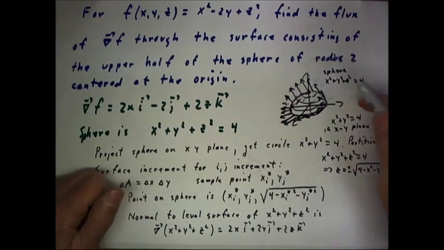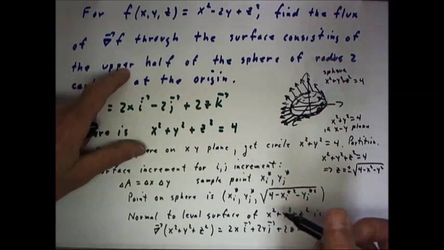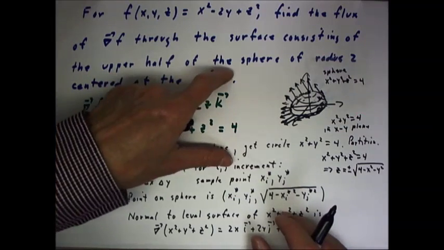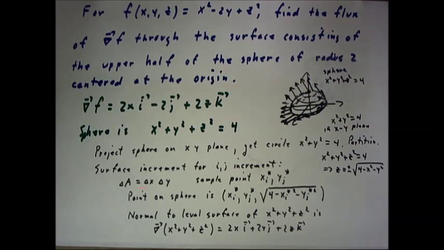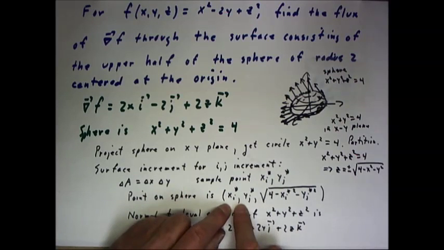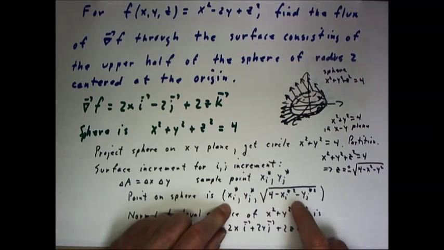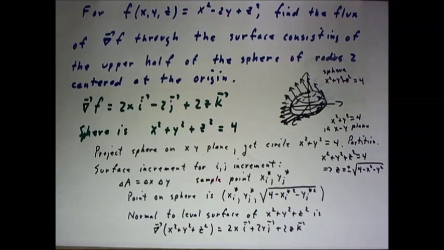Now we're only talking about a point in the upper half plane because we specified the surface as the upper half of the sphere. So there's only one point on the sphere corresponding to a given xi star, yj star, and that point is this one.